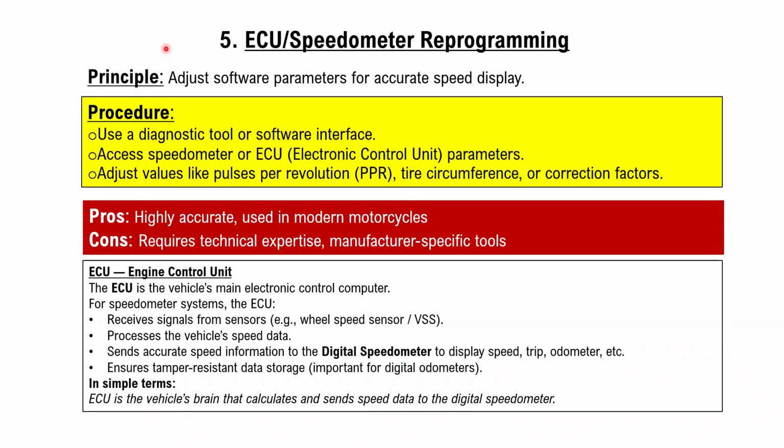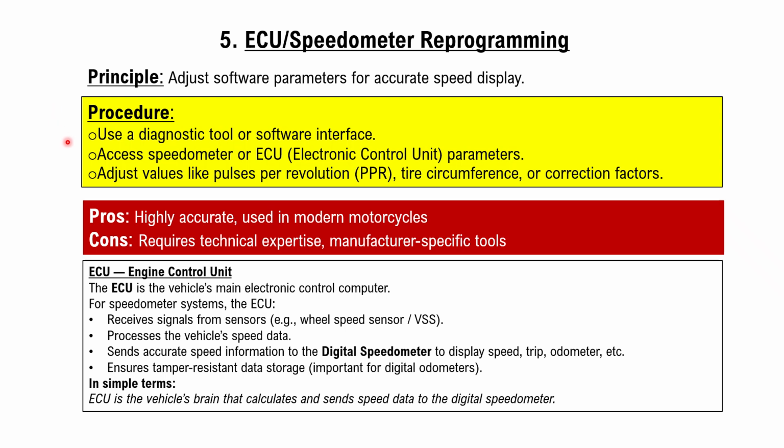Number 5 method is ECU speedometer reprogramming. ECU means engine control unit. Its principle is to adjust software parameters for accurate speed display.